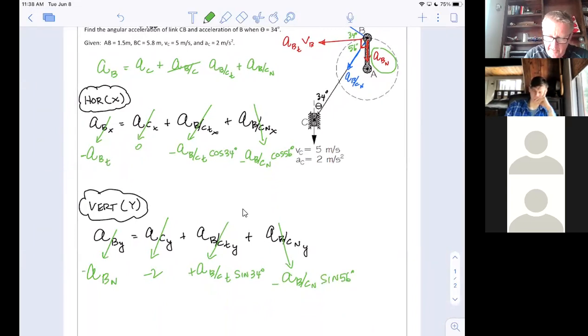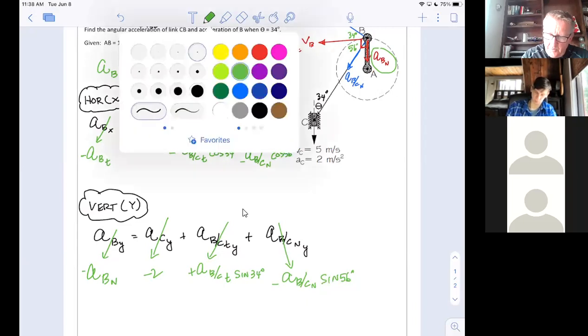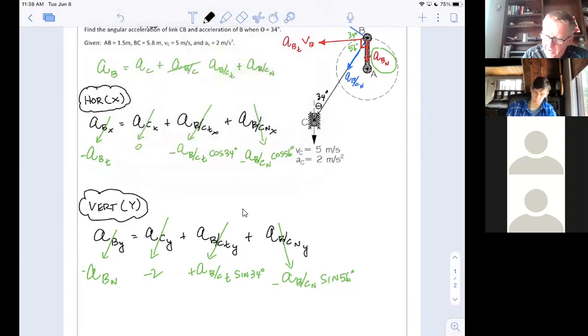So I'd have to call that negative. So I've put in everything I can put in. So I'll record it this way. In black, I had 2 equations, 8 unknowns.